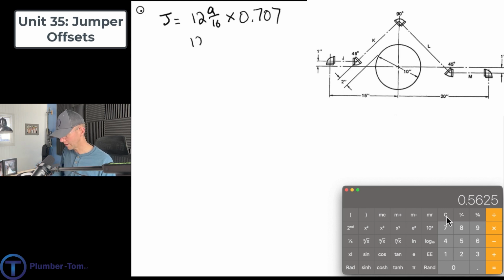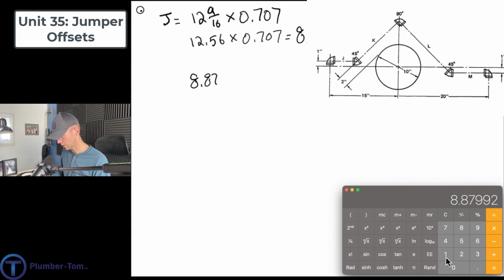That would be 12.56 times 0.707. So if we take 12.56 times 0.707, we're going to end up with 8.87 inches.